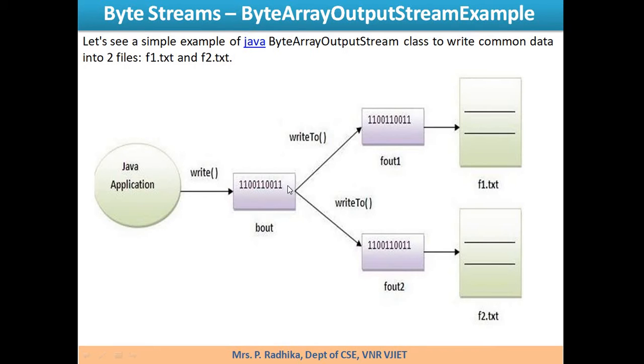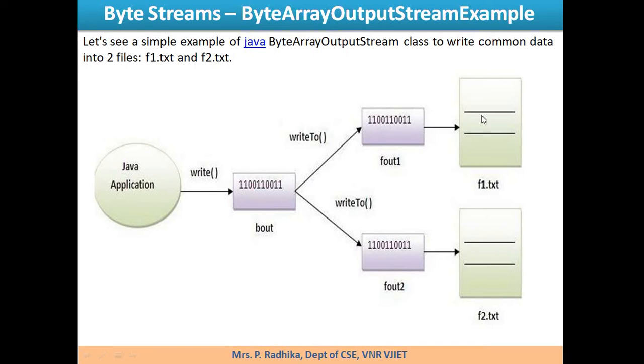These are the sequence of bits. So this entire thing is a byte whose integer value is 65. This 65 is commonly written to these files. Now, what is the ASCII value? The ASCII value of 65 is A. That means this A is written into these two files, f1.txt and f2.txt.